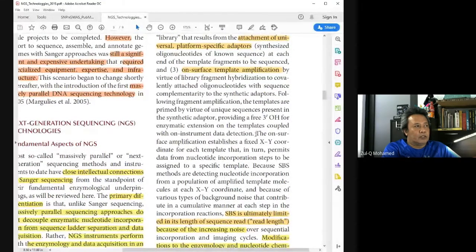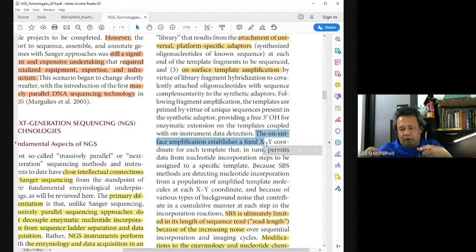Here it says the on-surface amplification establishes a fixed XY coordinate. So that means, if it's a chip, you will see where the signal is coming from. So that's one sample, and they are able to identify where the sample is.